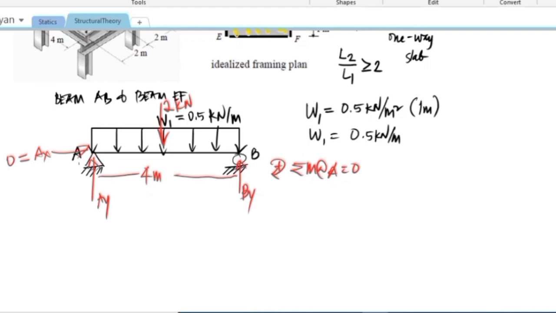The 2 kilonewton resultant load will give you a clockwise rotation, so that's positive 2 kilonewton multiplied by the distance, that is 2 meters, minus the counterclockwise rotation multiplied by the distance of 4 meters, equal to 0. Meaning your BY is just equal to 1 kilonewton upward.